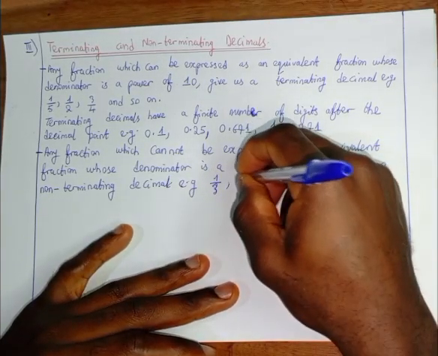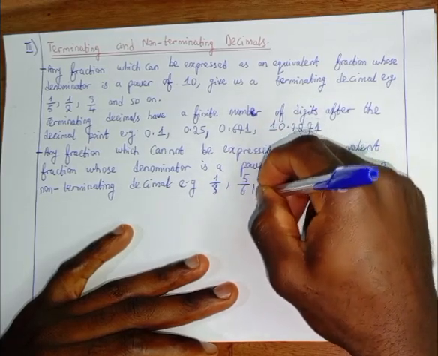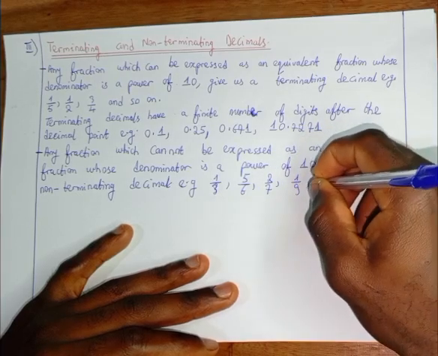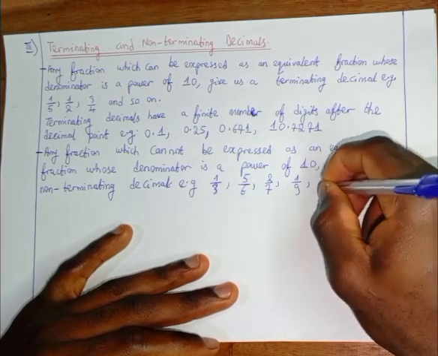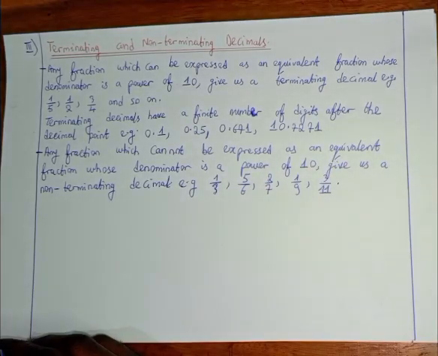Next, 5/6, 2/7, 1/9, 3/11, and many others. These are all examples of non-terminating decimals.